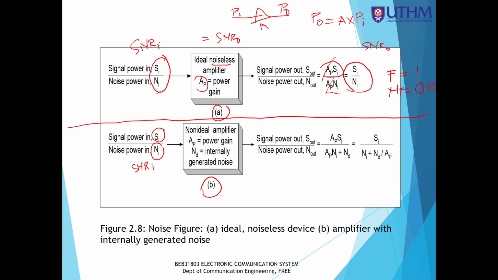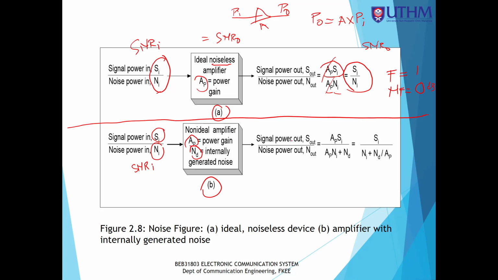Within the amplifier, it has a gain of AP, and it also produces internally generated noise, ND. So this amplifier produces additional noise, which is ND. Normally it is produced due to the high temperature within the amplifier. So it produces internally generated noise.